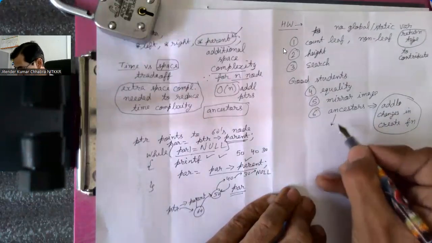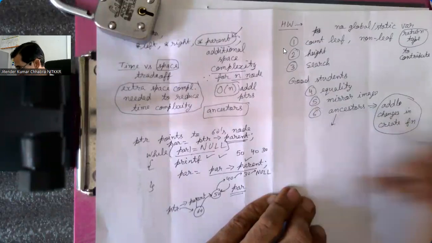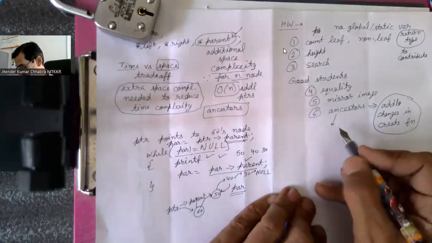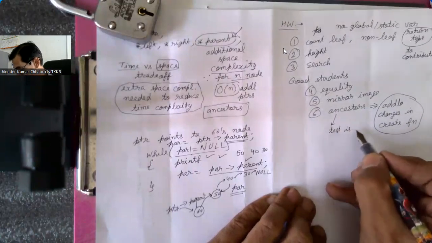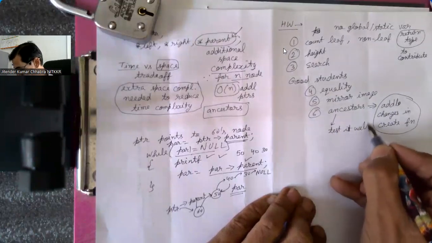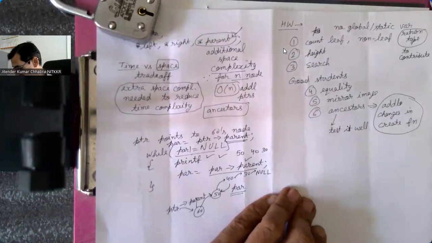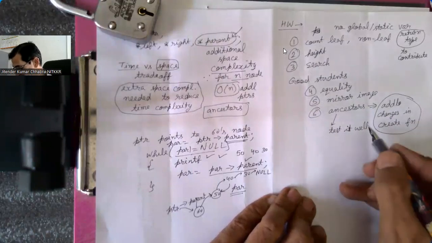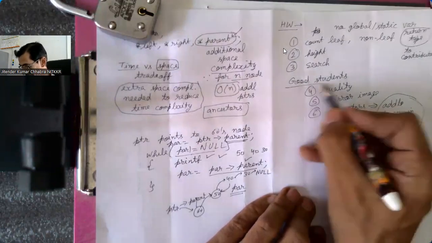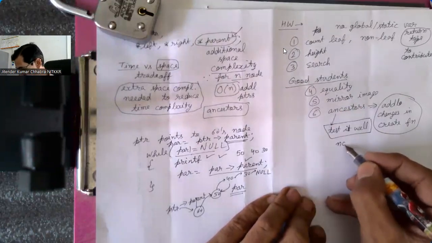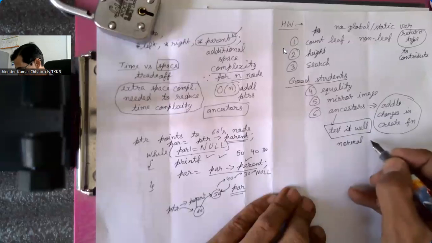In order to confirm that, you can verify this by printing for a lot of nodes. Test it well for various nodes, because here you are likely to make certain mistakes. So you must test it for various situations, normal cases versus special cases also.